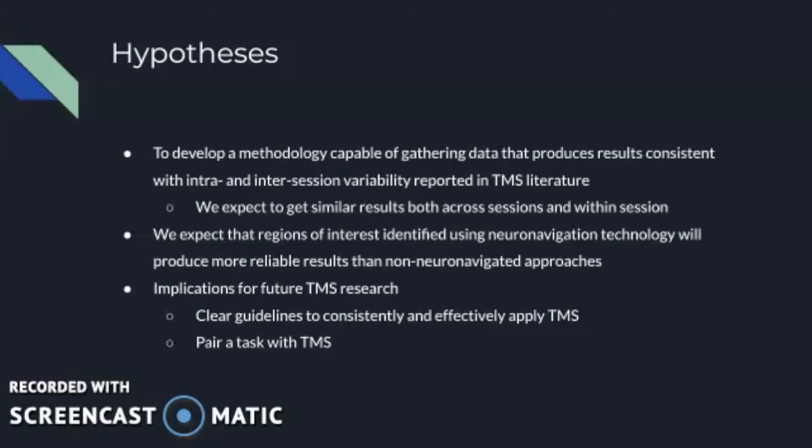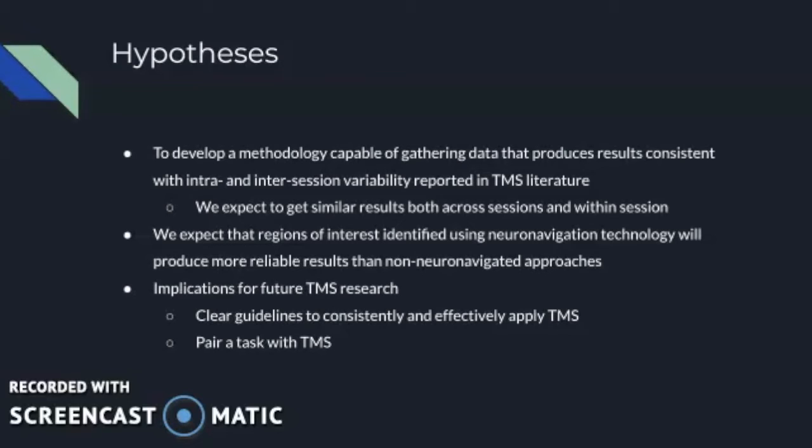We had two main hypotheses in our study. First, we aimed to develop a methodology capable of gathering data that produces results consistent with intra and inter-session variability reported in TMS literature. Basically, we expected to get similar results both across sessions and within sessions when measuring the motor threshold in subjects.